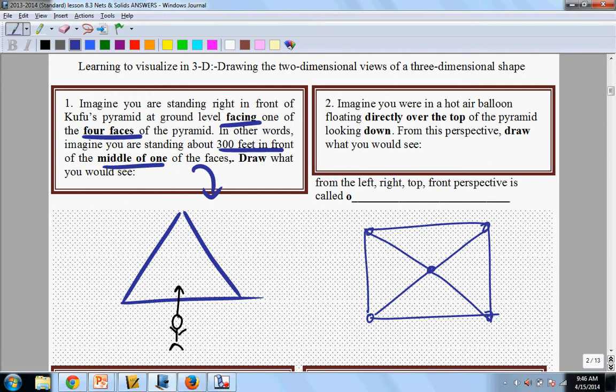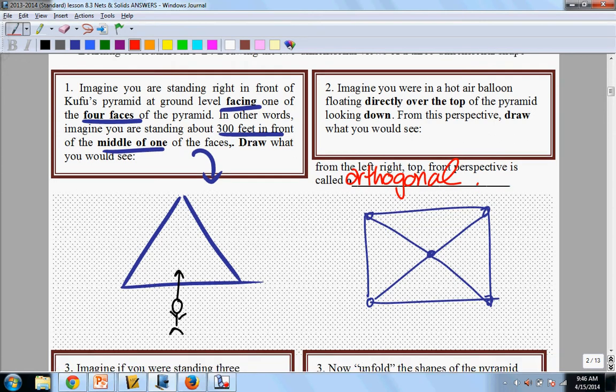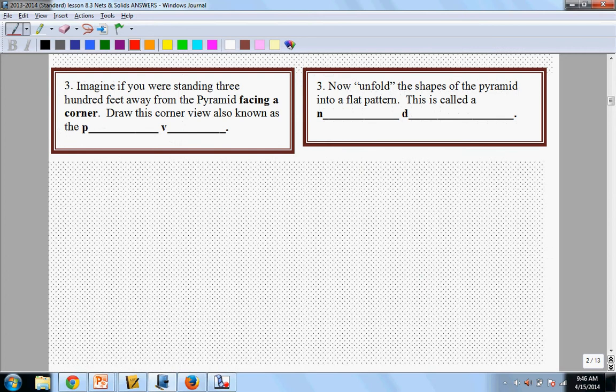All right. Now, we're going to switch gears. This is called orthogonal drawing. It means 2D drawings from various perspectives. Now, this third one is not orthogonal drawing. I'll explain why in just a moment.